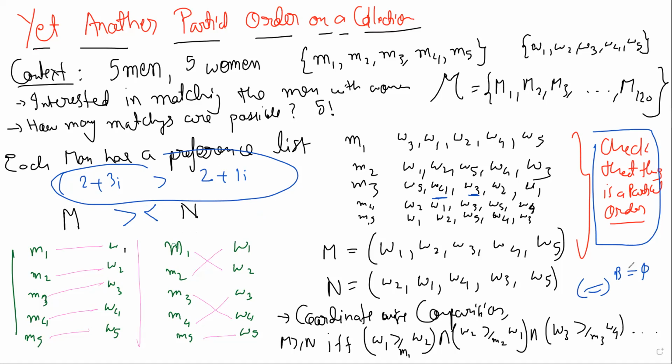In his construction, B must be empty for M to be dominating. Actually, the word dominate is what is used. This is called a domination order.